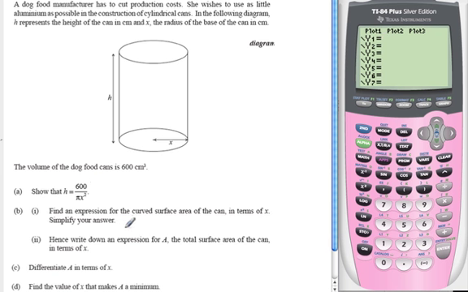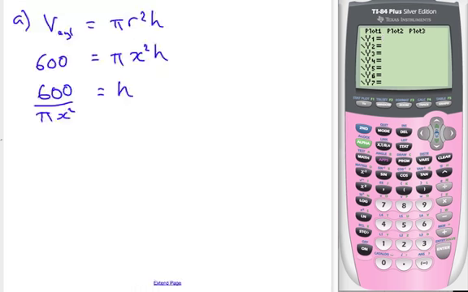Right, next, find an expression for the curved surface area of the can in terms of x, and then simplify your answer. So let's go back here. B. Curved surface area. So curved surface area of a cylinder is given by 2 pi r h, where this is the circumference of the base and this is the height of the cylinder.